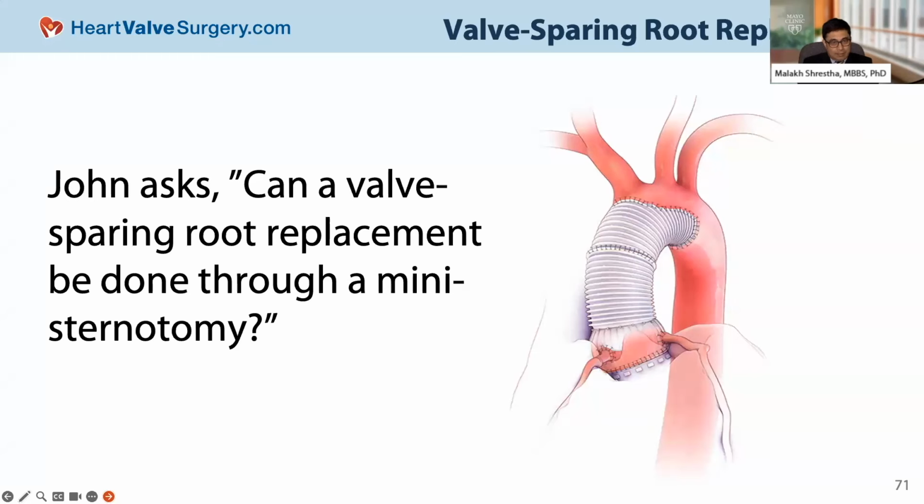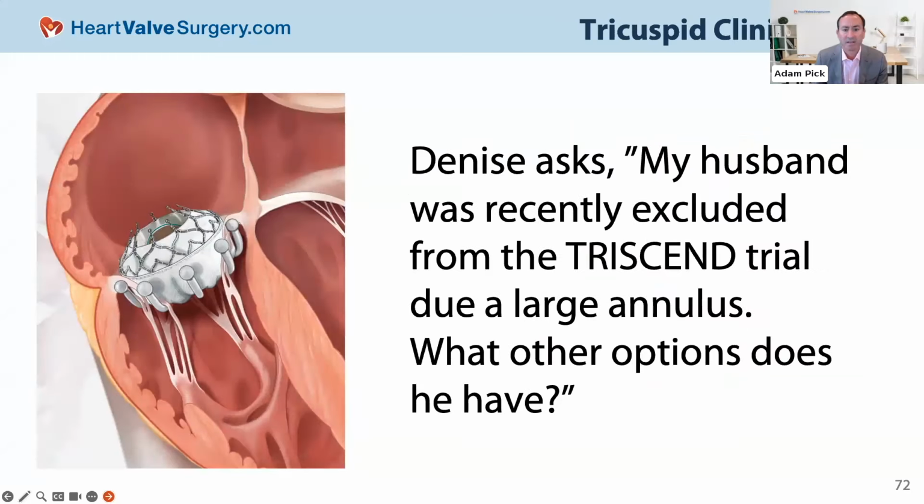Otherwise, generally, yes. Right. And Denise asks, my husband was recently excluded from the TRISCEND trial due to a large annulus. What other options does he have? So I kind of alluded to this during one of our cases.